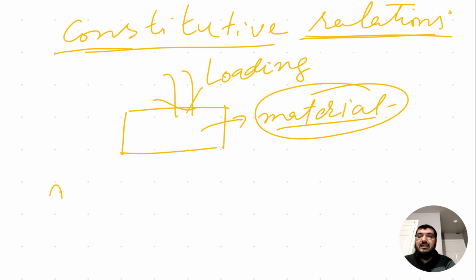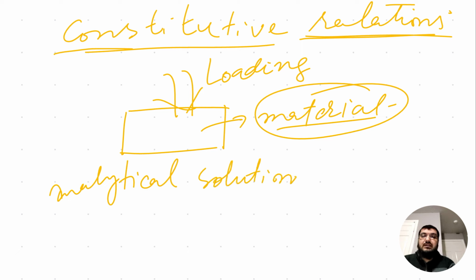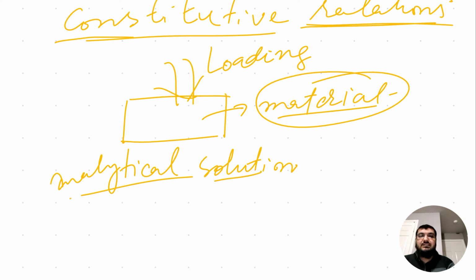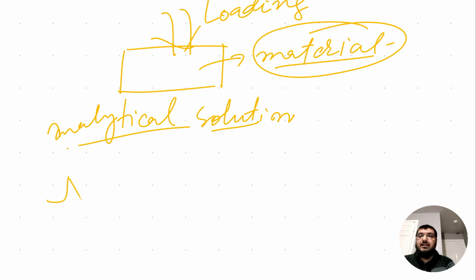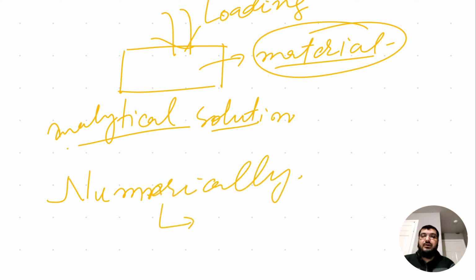Now I can get its analytical solution. But we cannot make a constitutive relation in every situation. So what can we do? We can do its analysis numerically, like we do in FEM. I will explain this concept also later on.